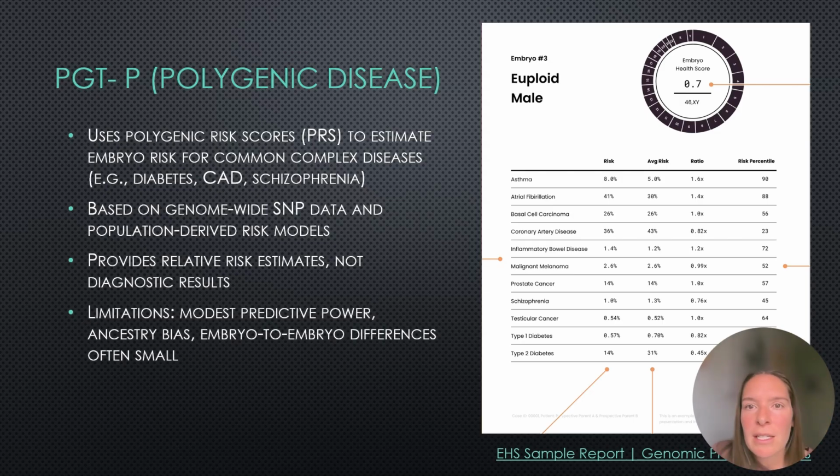They're presented as percentiles or relative risks across embryos, rather than predictions. And you can see that they compare them to average or general population risk. Now, in reality, this is one of the criticisms of PGT-P. The difference between embryos created from the same egg source and sperm source is likely fairly small.